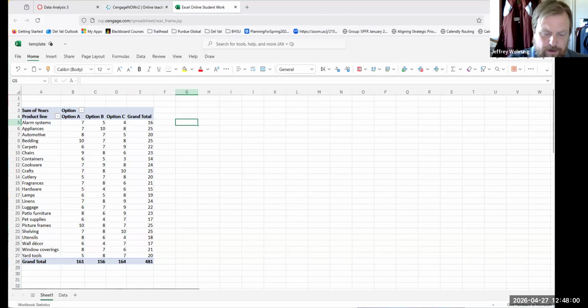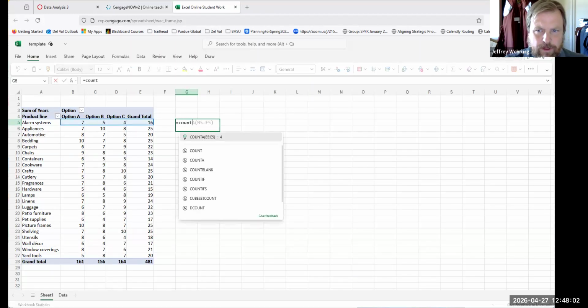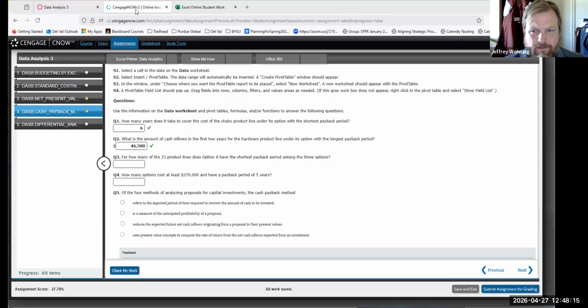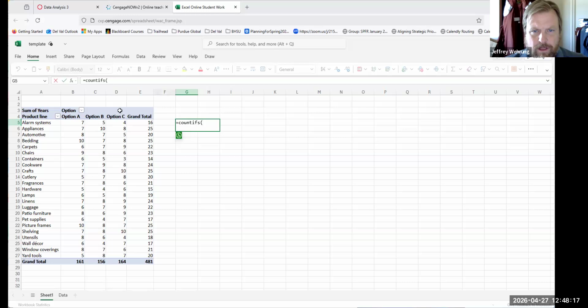So I'm going to do it equals COUNTIFS, right? If A has the shortest, A less than or equal to B, and A is less than or equal to C. Let's see if this works.